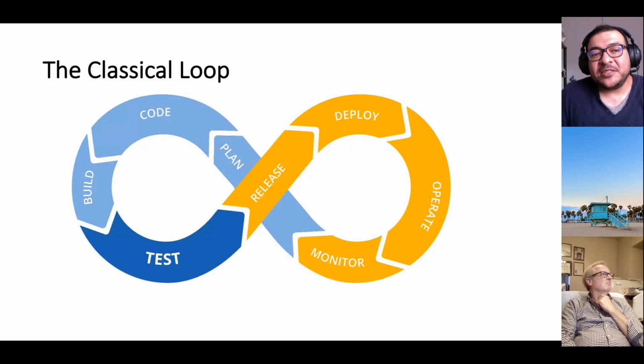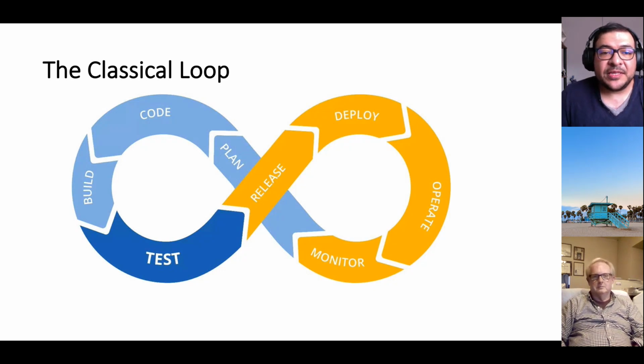The environment has changed. That is why it is important to mention that with DevOps we have to understand the culture, because it changes how to integrate and how to deliver, right?